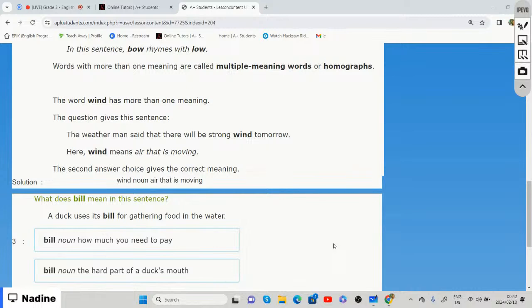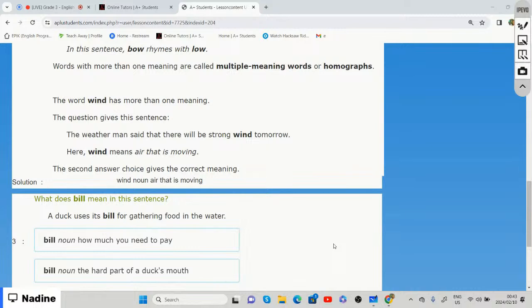It's like when you're going to a restaurant, you're going to McDonald's, you're going to Starbucks, and they give you your bill. They tell you, okay, this is your bill, you need to pay so much. Or the second definition is a noun, and it's the hard part of the duck's mouth. So which one is the correct one?